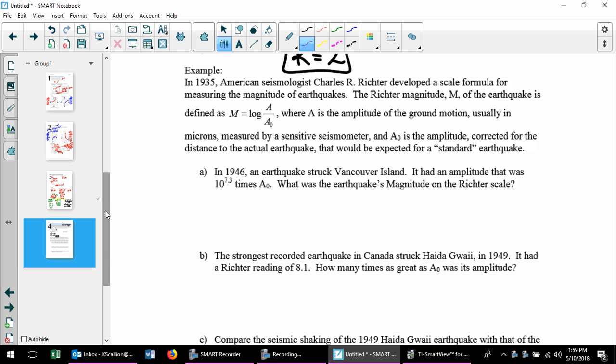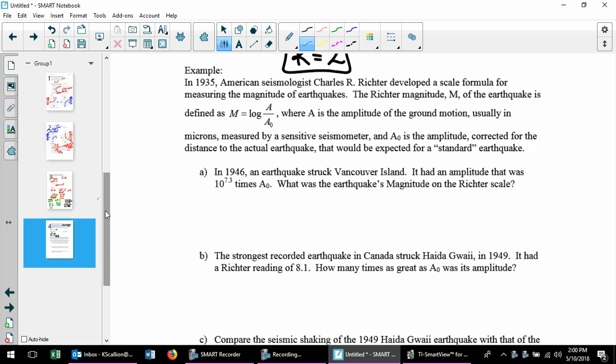Shaky. Technical term. So in 1946, an earthquake struck Vancouver Island. It had an amplitude that was 10 to the exponent 7.3 times the regular shaky magnitude. So what was the earthquake's magnitude on the Richter scale?